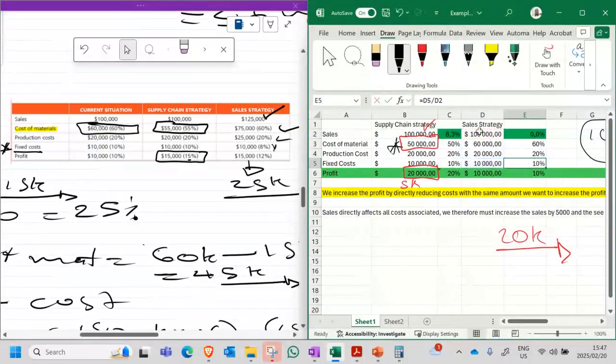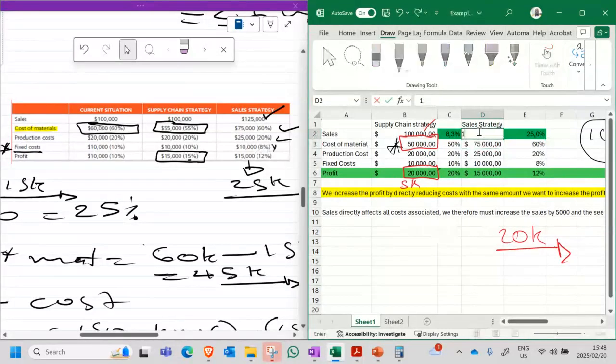Then now I say 125,000. Then you see my values change. So because of this, it's 125. 60% of 125 is 75,000. 20% of 125 is 25,000. This one only the percentage changes. It's shrinking to become 8%. As you can see, it's shrinking to become 8%.